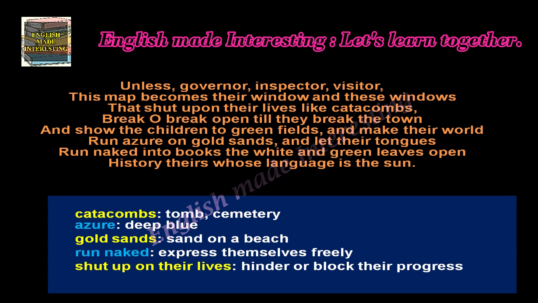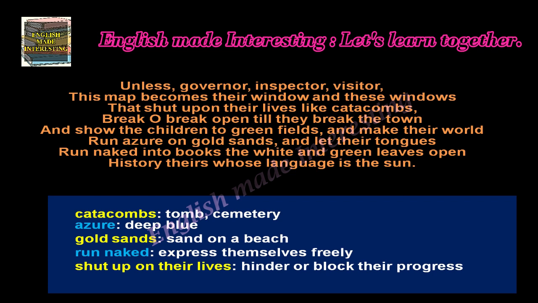Then these windows of the elementary school classroom, which confine all their hopes and dreams, must be broken so that these children can be brought out in the green fields away from the filthy surroundings. The poet desires that these children should be allowed to run freely on the golden sands under a clear sky.